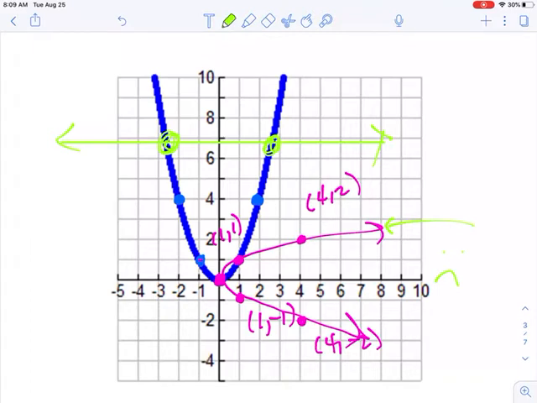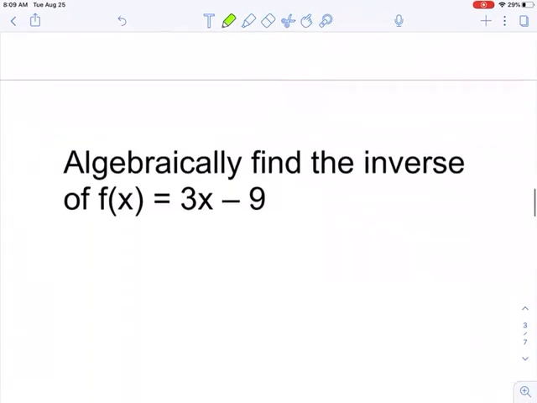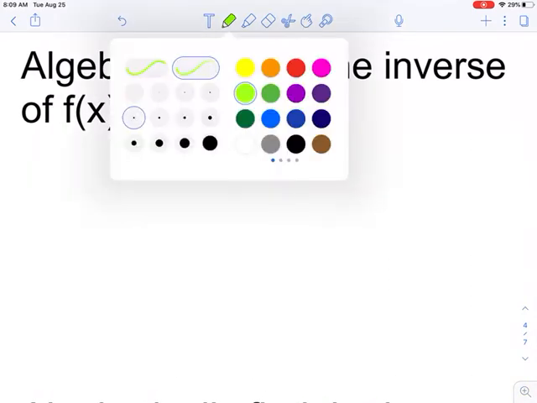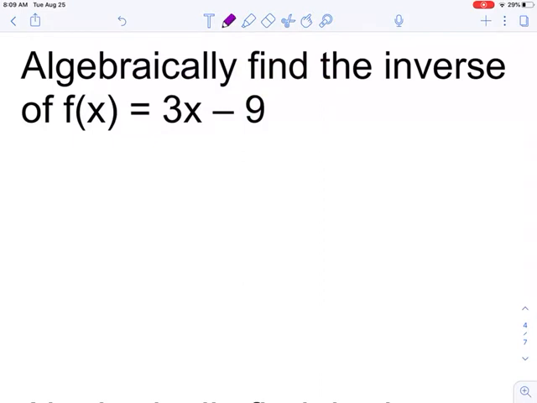I went through that process to show you how we switch x and y, but this parabola doesn't have an inverse. Now, if we made it half of a parabola, then that would work, but a full parabola does not have an inverse because, as you notice with the pink graph, it's not a function when we actually find the inverse.